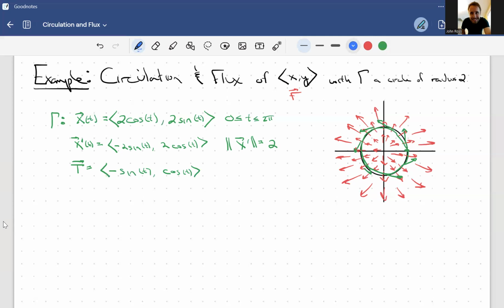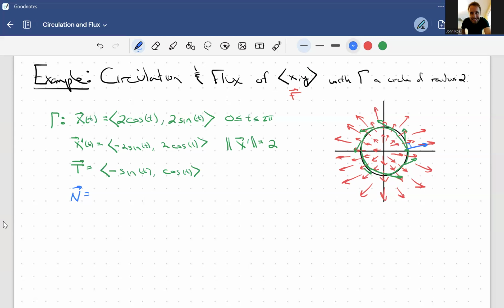All right, but how do we use this to calculate the unit normal vector? Well, in two-dimensional space, this is relatively straightforward. We can just use a little trick. In short, the unit normal vector that we want is going to be the unit tangent vector rotated 90 degrees to the right.